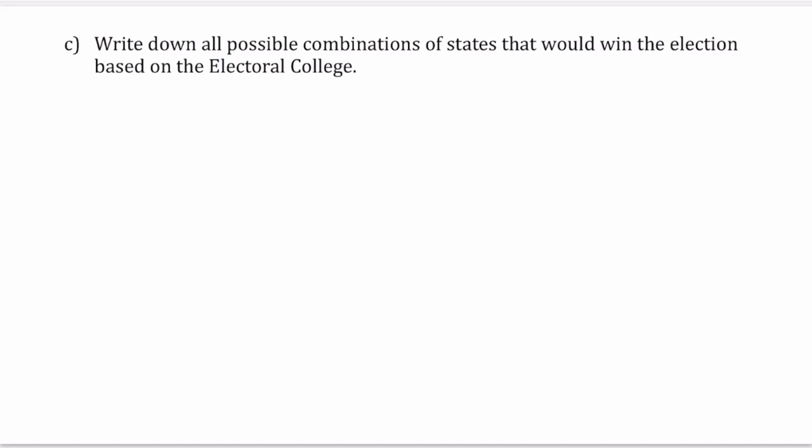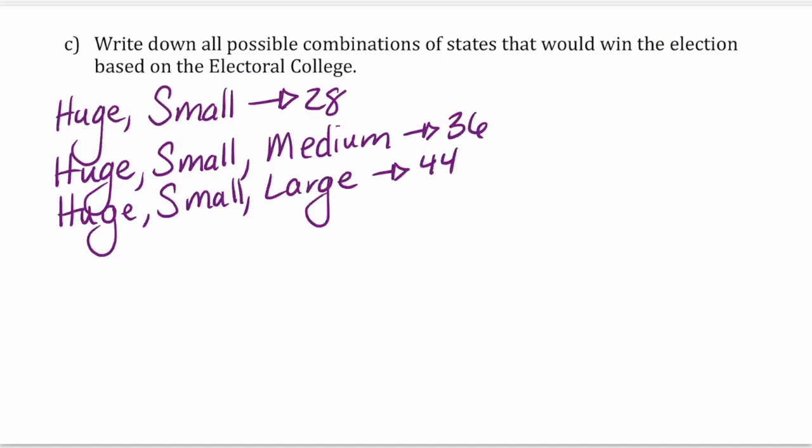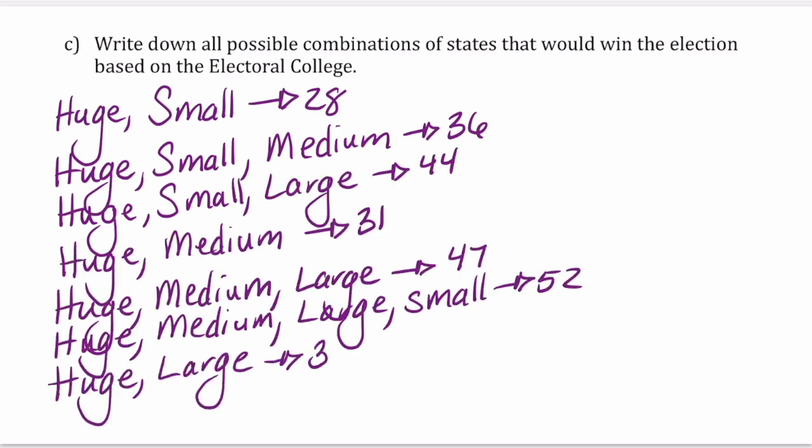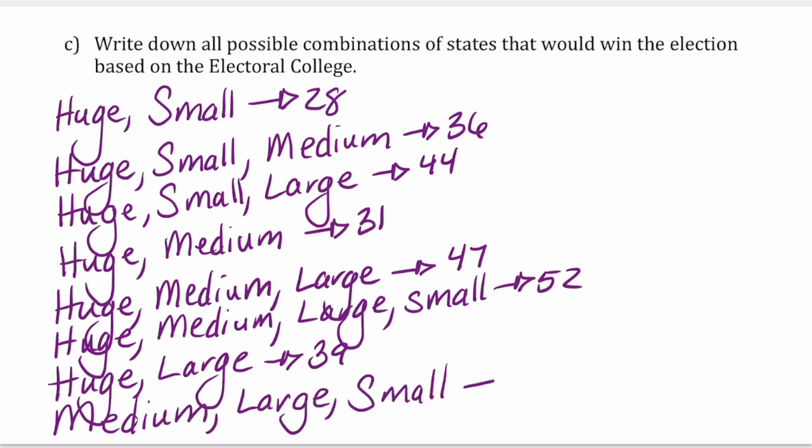Based on that, if a candidate could win huge and any other state, they would win the election. And then the only combination to win without involving huge would be if you had all 3 other states voting for a candidate, which is what happened in this election that we're looking at.